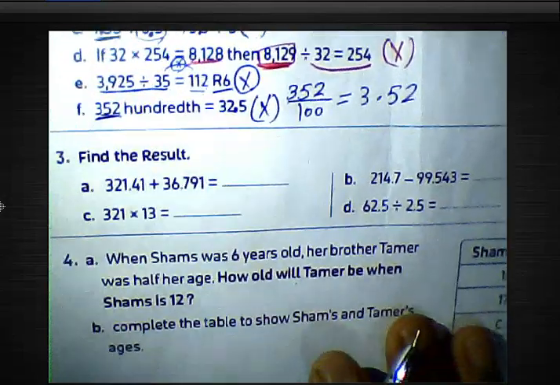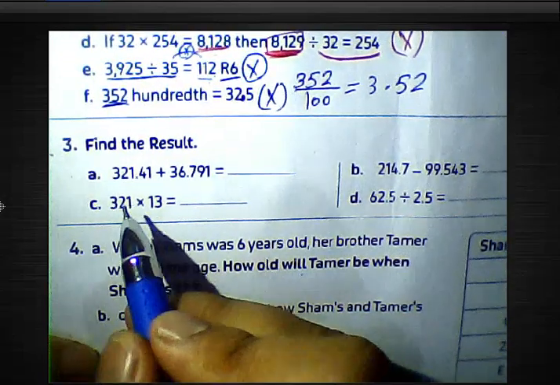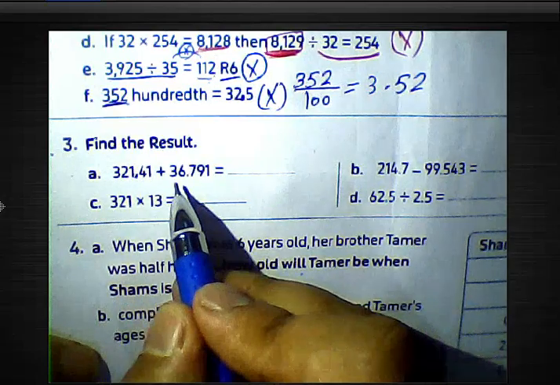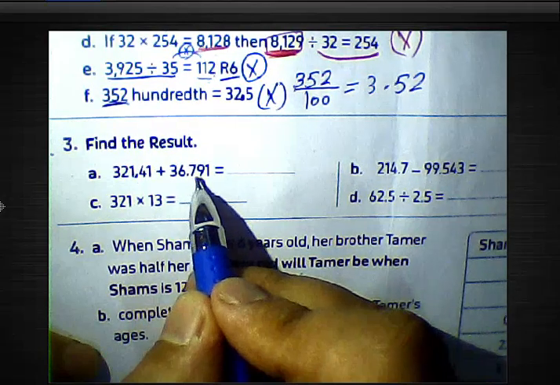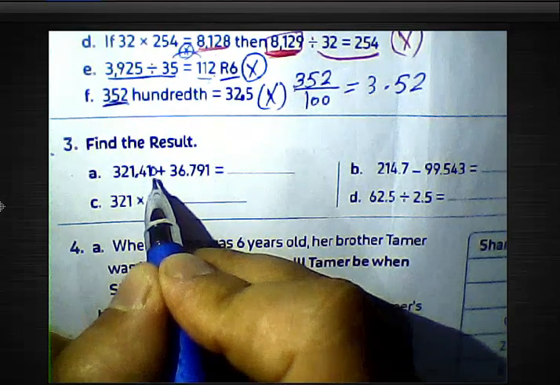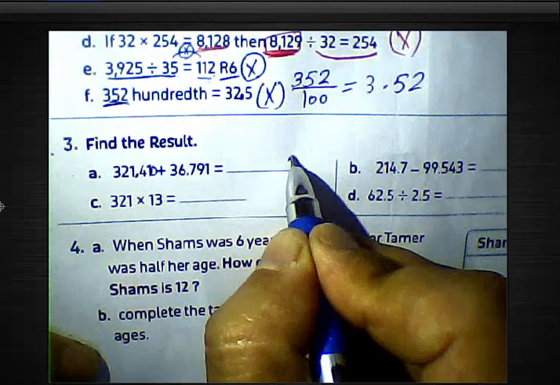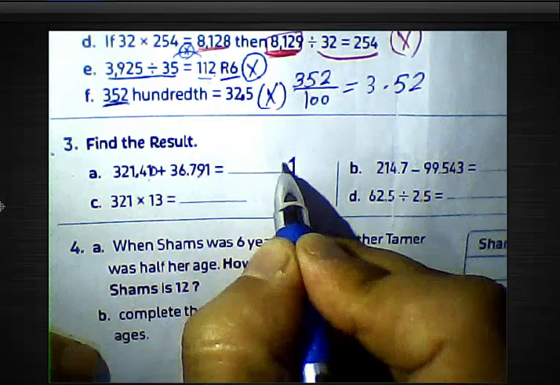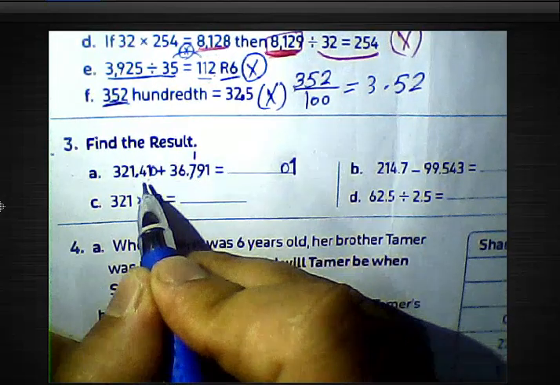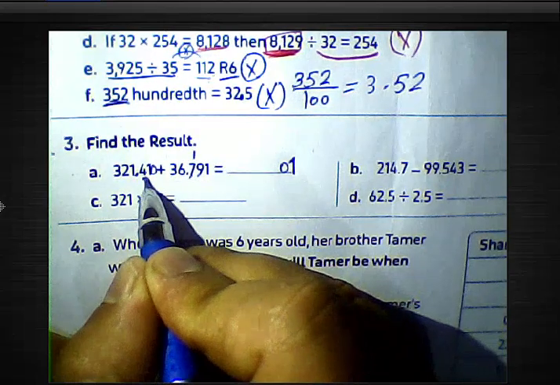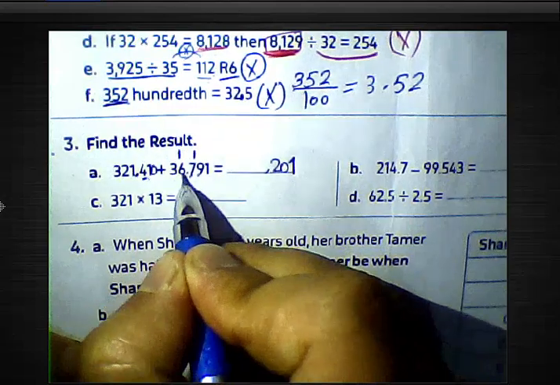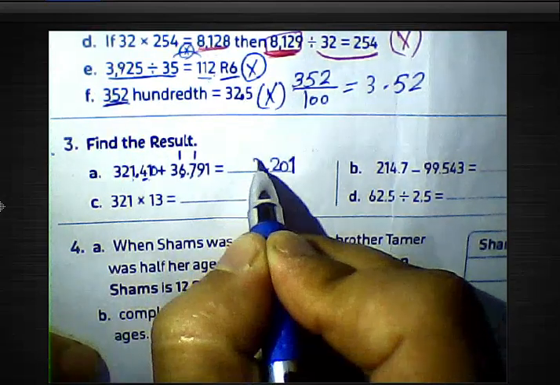Okay. Question number 3. Find the result. 321 and 41 hundredths plus 36.791. We can find the result by aligning the decimal places. Write 0 here. 1 plus 0 equals 1. 9 plus 1 equals 10. 0, and carry 1 to 7. 7 will be 8. 8 plus 4 equals 12. 2 and carry 1. 6 plus 1 equals 7. 7 plus 1 equals 8.